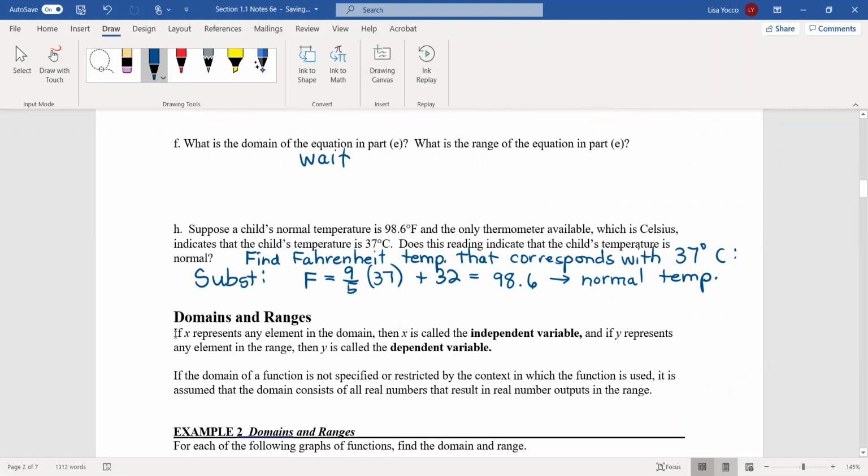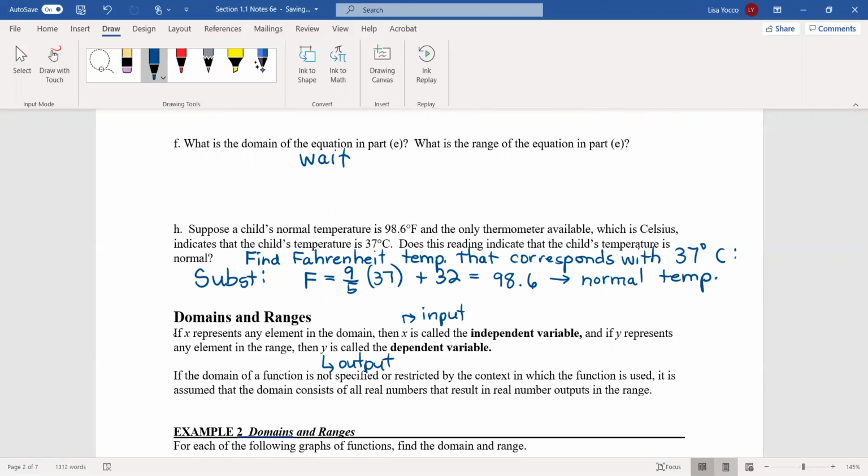Okay, so specifically, I already mentioned, but here's another way we refer to X, remember, as the inputs. More formally, that's called the independent variable, and Y, which would be the output, is called the dependent variable.